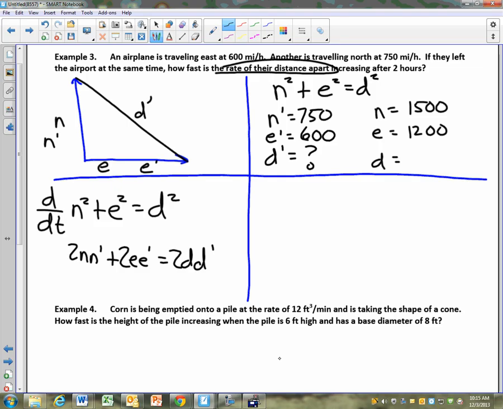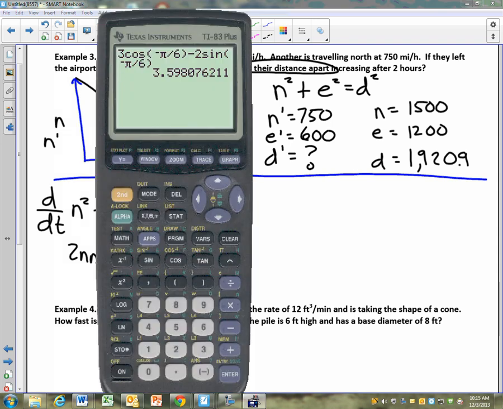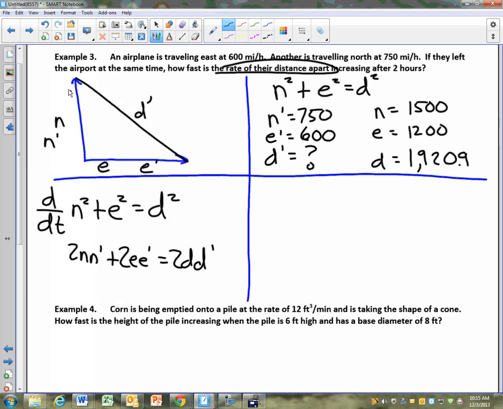She used the Pythagorean Theorem and came up with 1,920.9. Is that correct? Okay, very good. All right.